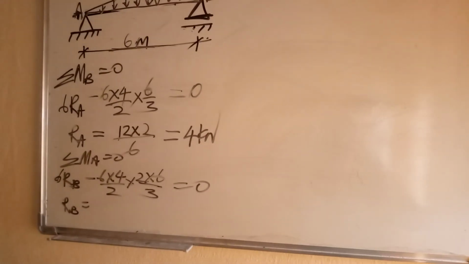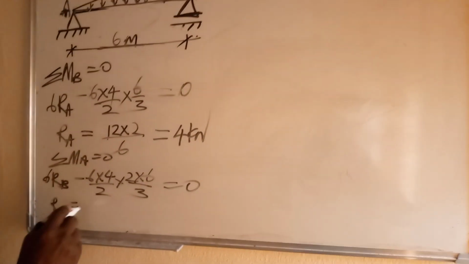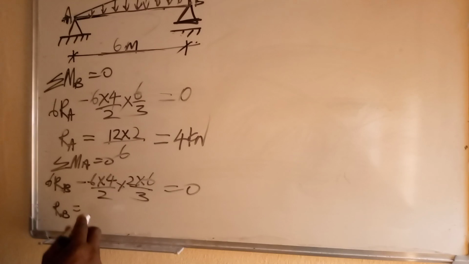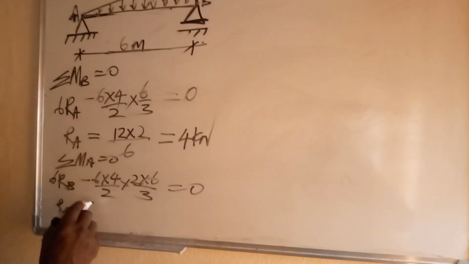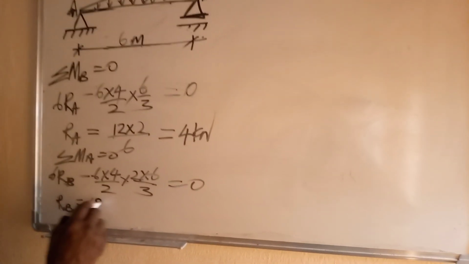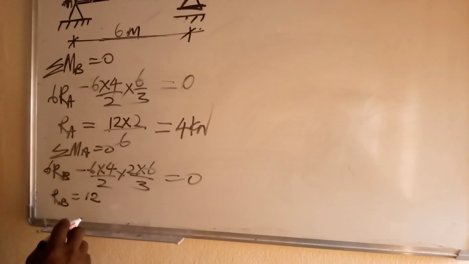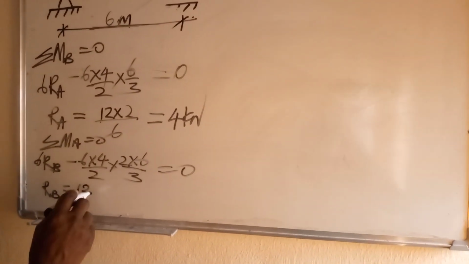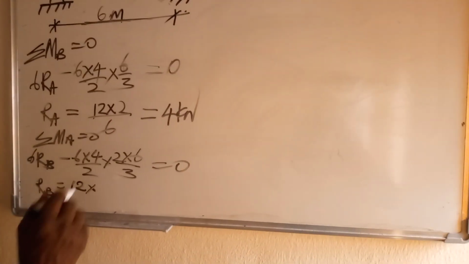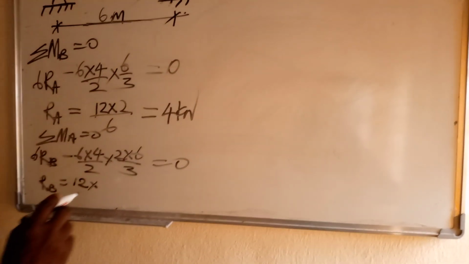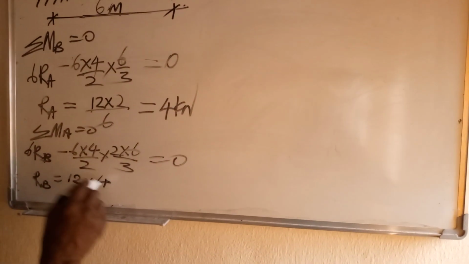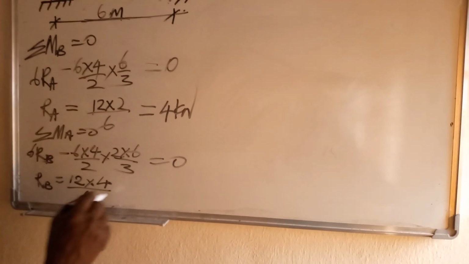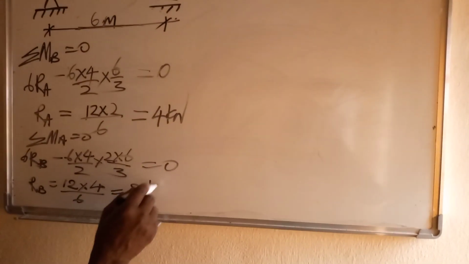RB is equal to, just like we did before, this is 12. This 12 times 4 over 6, which is equal to 8 kilonewton.